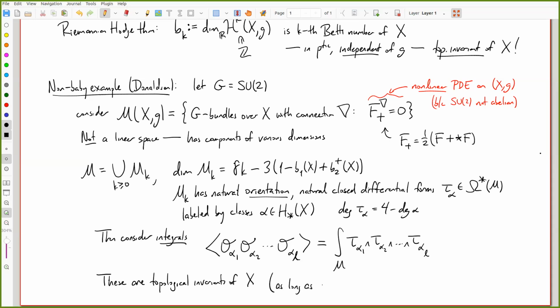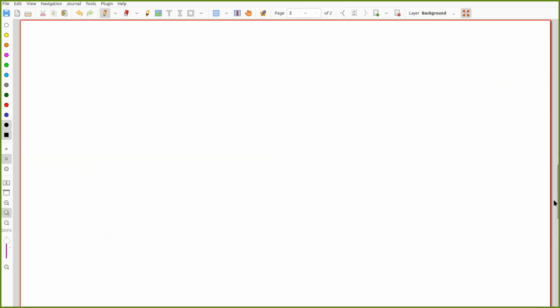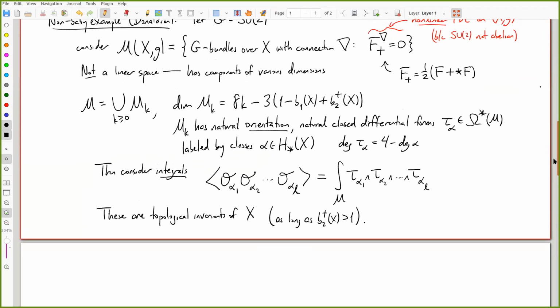They're topological invariants of X as long as B2 plus of X is bigger than 1. But they're still interesting if this condition is not satisfied. They're just not quite topological anymore. They're slightly more interesting. Any questions or comments at this stage?